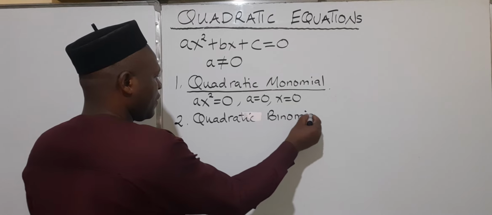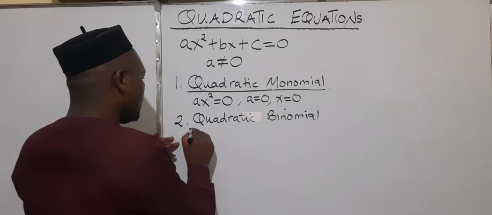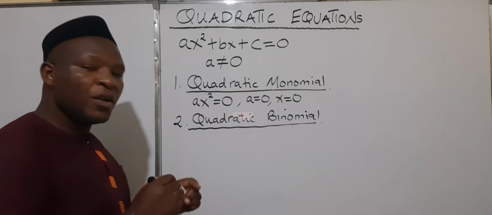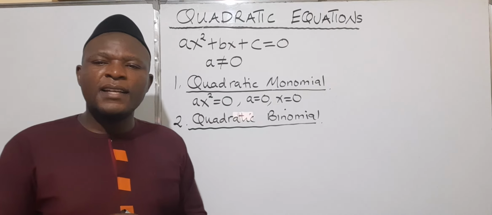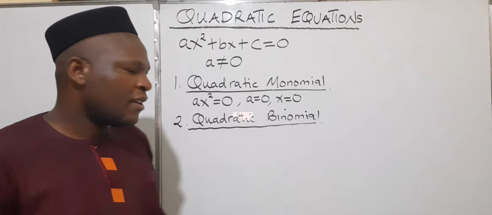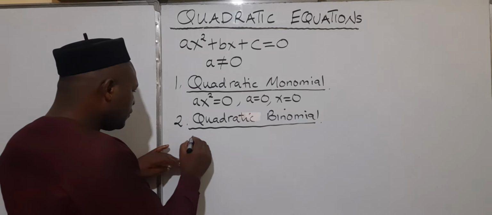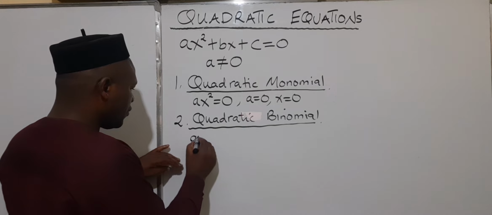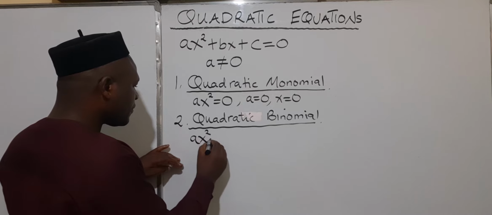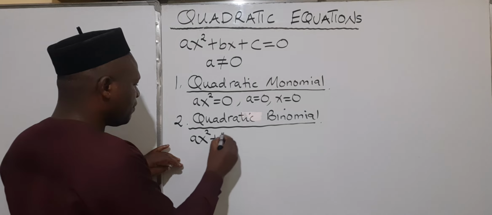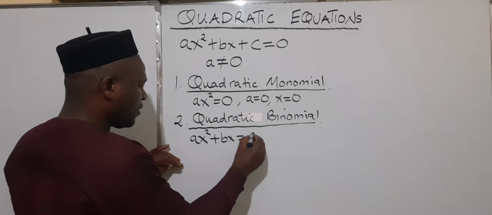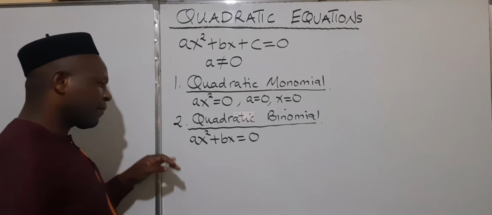A quadratic binomial is a quadratic equation that has only 2 terms equal to 0. So, for instance, ax squared plus bx equals 0.